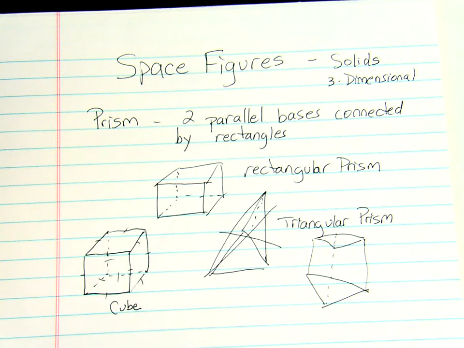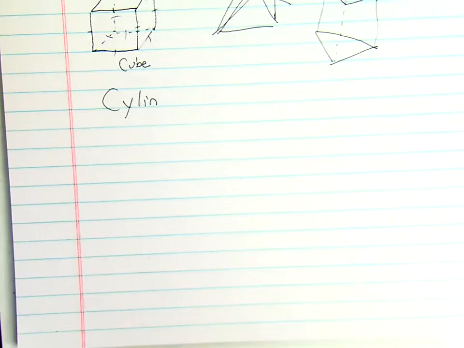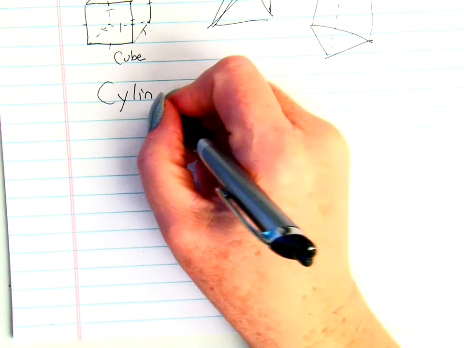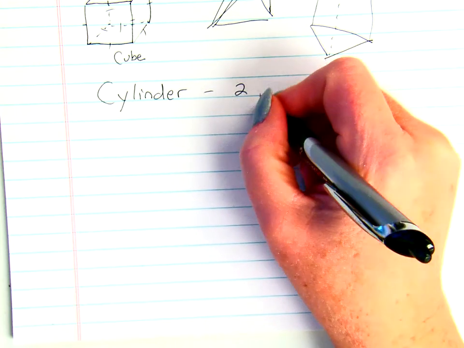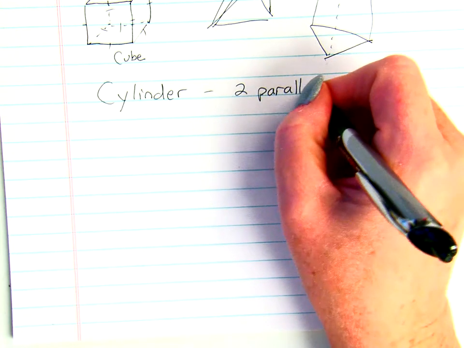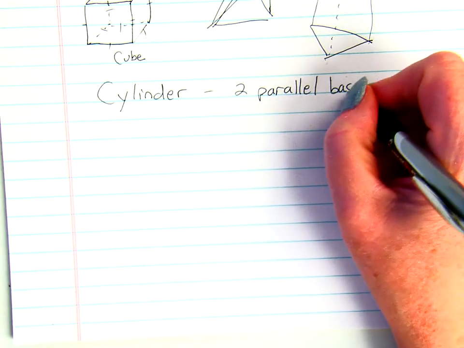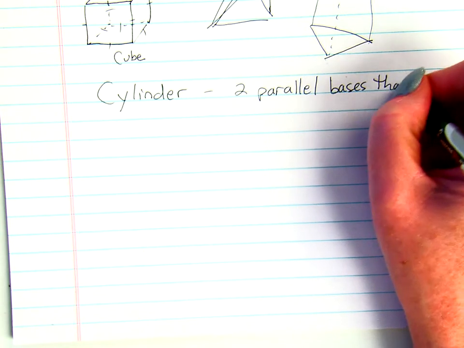So the prism is something we'll work with a lot. The next shape that we have is the cylinder. Let me move this down as we go on to our cylinder. I'm actually better at drawing these. Cylinders also have two parallel bases that are circles.